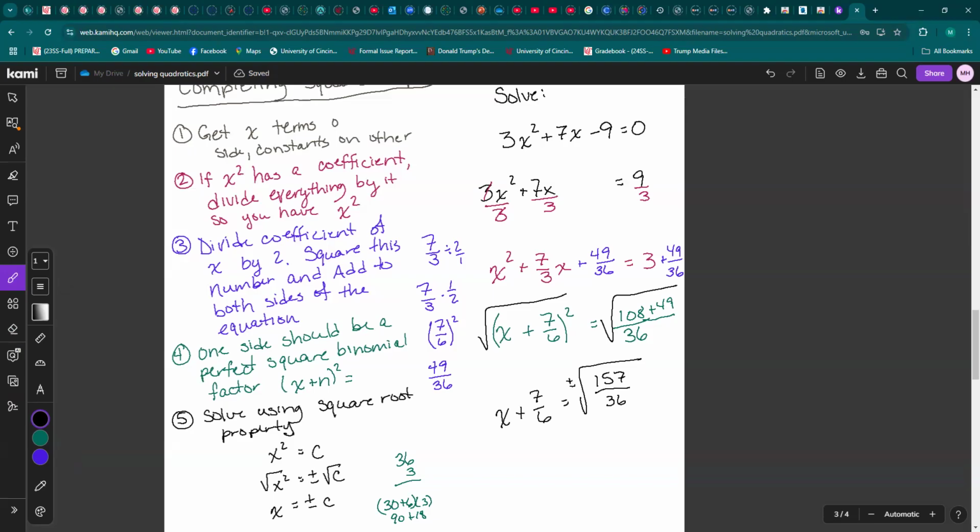Now, with those square roots, I know 36 is a perfect square, which is actually kind of nice because it's the same denominator as what I had. So this is x plus... I might just move it over to the other side. x equals negative 7 over 6 plus or minus the square root of 157 over 6, which is really ugly. I don't think there's a perfect square hidden in there.